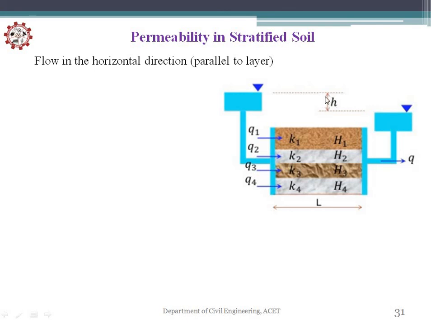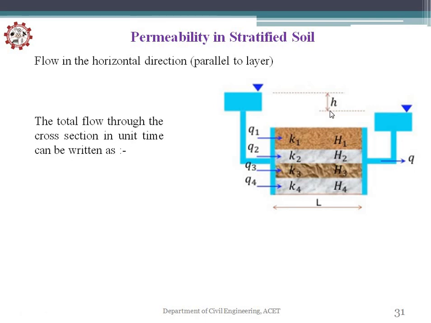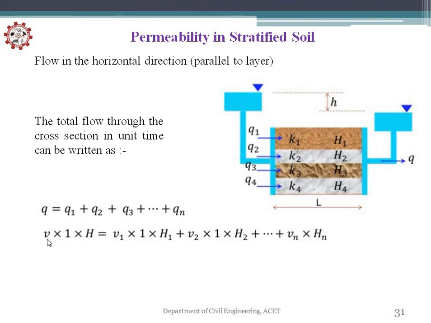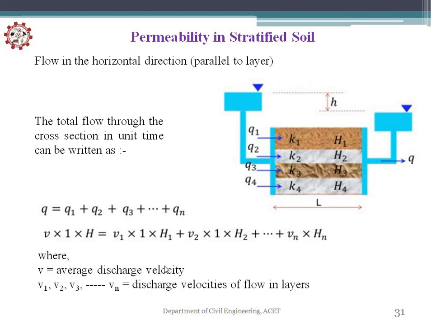The total flow through the cross section in unit time can be written as Q1 to Qn. So Q is V into H, V into unit length L into H, so V1 H1 up to Vn Hn. Simplifying, this gives the average discharge velocity from the discharge velocities of flow in the layers.